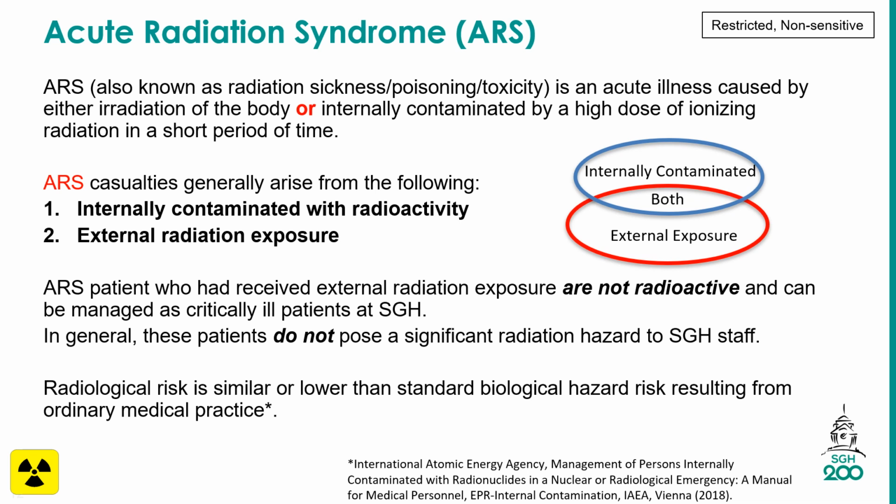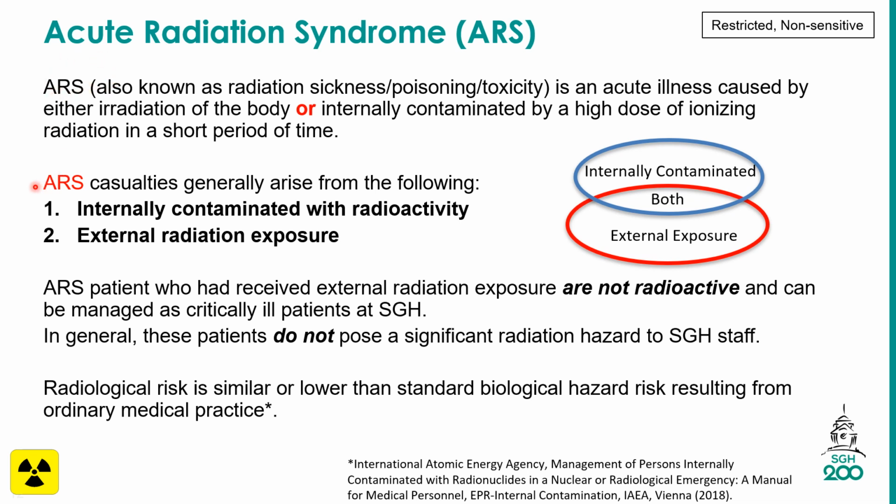ARS, also known as radiation sickness or poisoning, or some books call it radiation toxicity, is an acute illness caused by either irradiation of the body or internal contamination by a high dose of ionizing radiation over a very short period of time. This period of time could be a couple of hours, or it could be 1 or 2 days, etc. So within that short period of time, the body is unable to overcome the ill effects of the radiation, and the body succumbs to ARS.